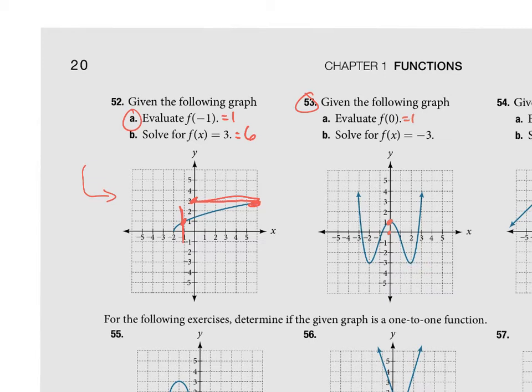However, if I go to negative 3 on the y, there are 2 places where that y value is used. And remember, that's okay. So the answers for this one are x equals 2 and x equals negative 2. It's okay if y values get used more than once. It's not okay for a function if the x values get used more than once.